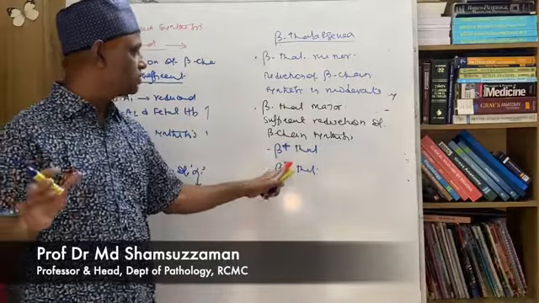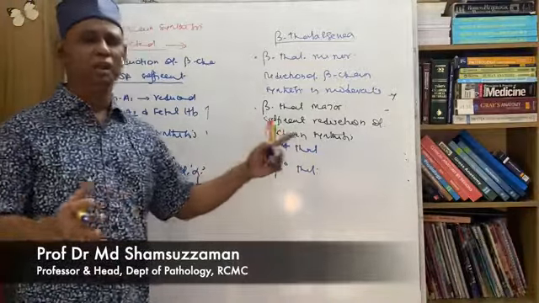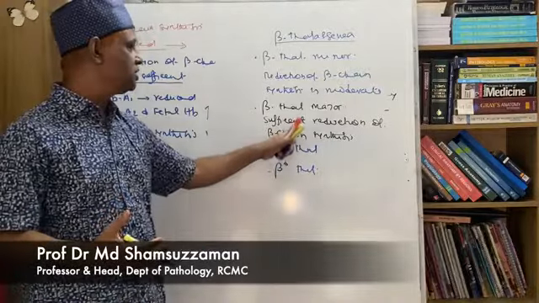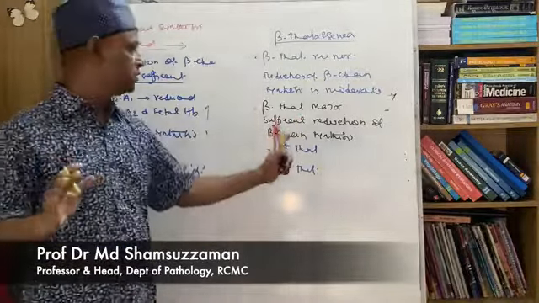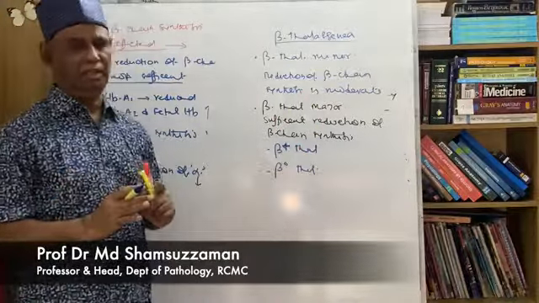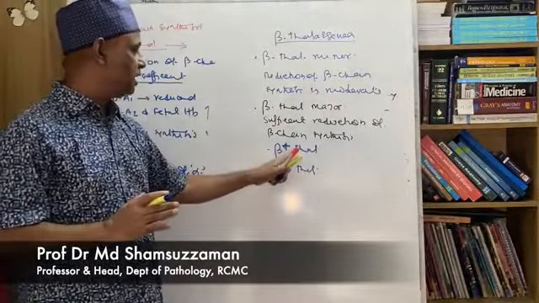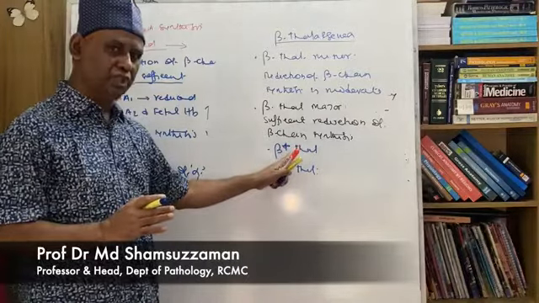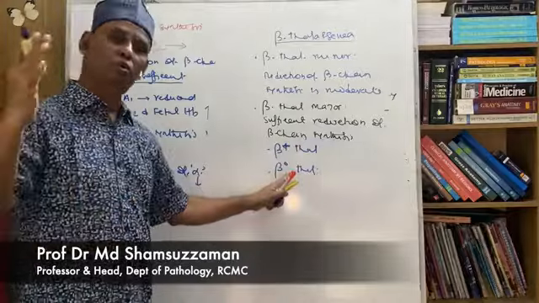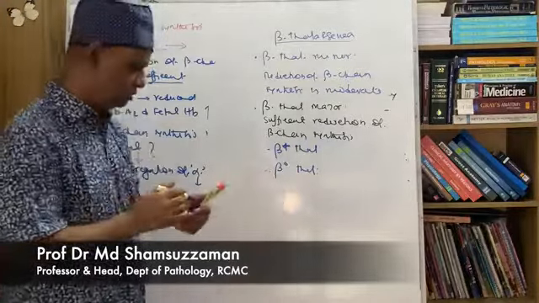If there is no synthesis of beta chain, or almost nil synthesis, it is called beta 0. But sufficient reduction that is not almost nil is called beta plus.